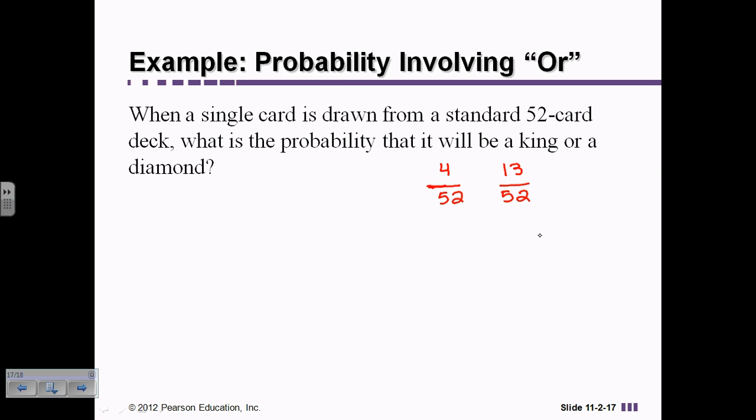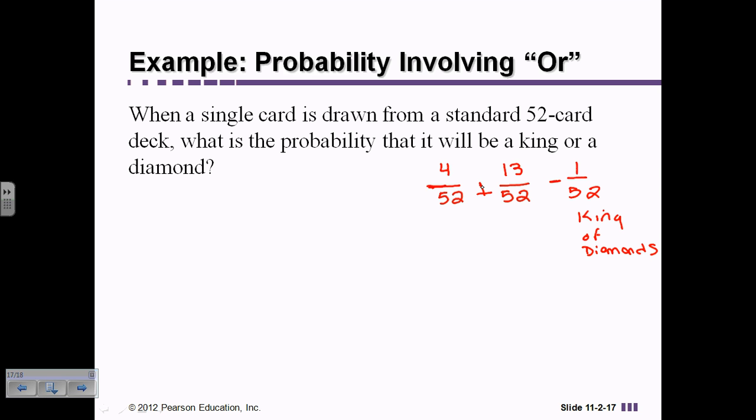Now in this situation, you could have a king of diamonds. So there is an overlap. It is not mutually exclusive. So we have to take away that one overlap situation where we have the king of diamonds, because I have counted that in with the set of kings and with the set of diamonds.